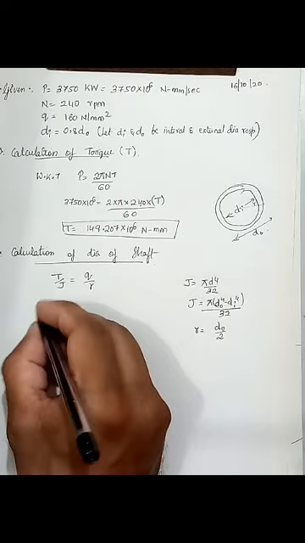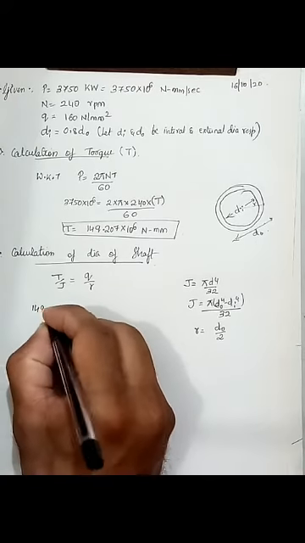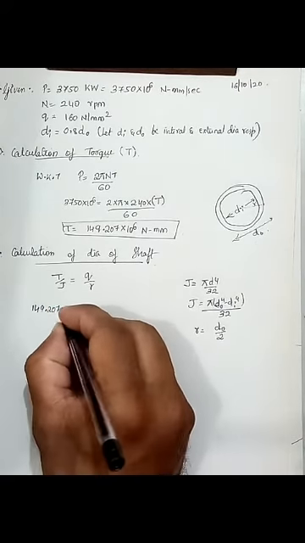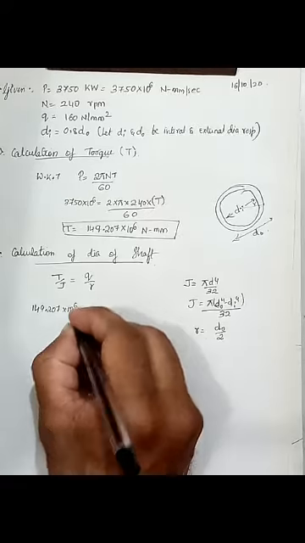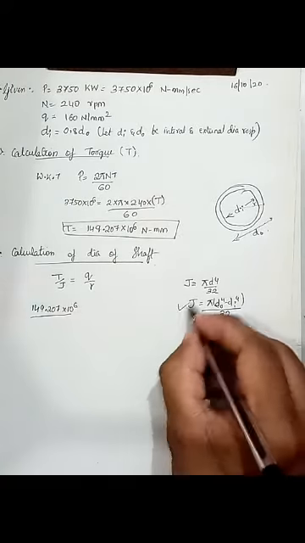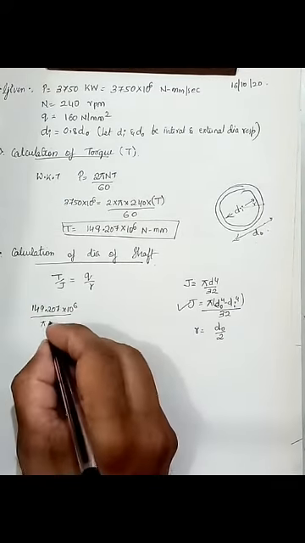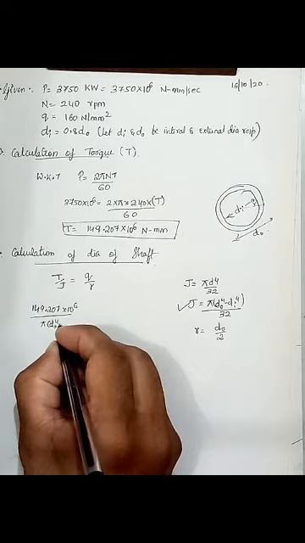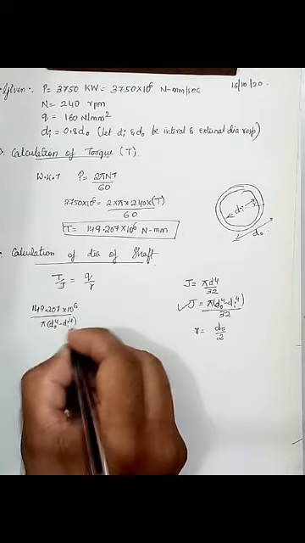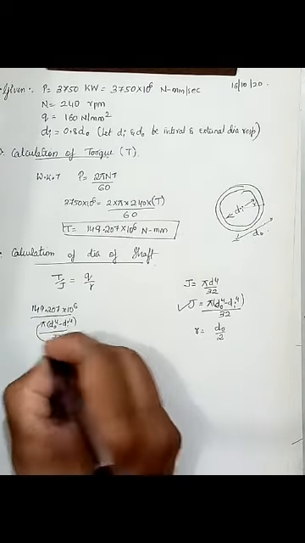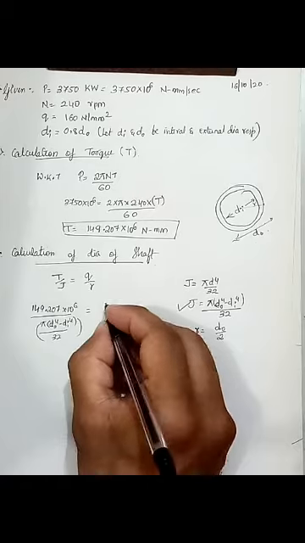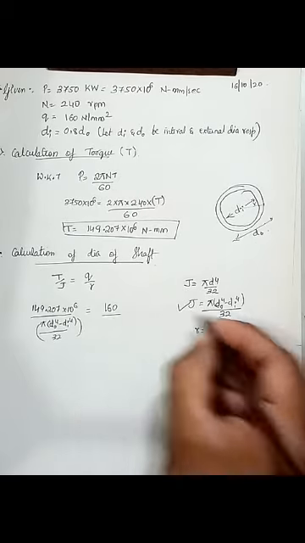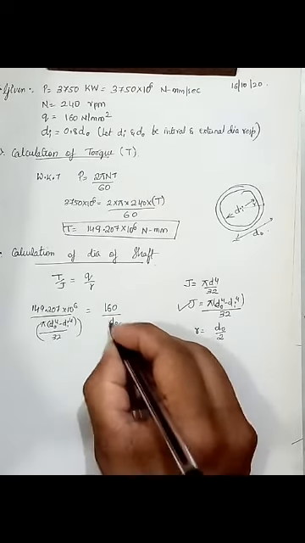So now let's substitute all the values. 149.207 into 10 to the power of 6 divided by pi into do raised to 4 minus di raised to 4 by 32 equals 160, which is given q, R is do by 2.